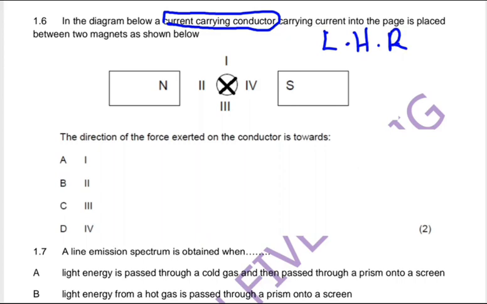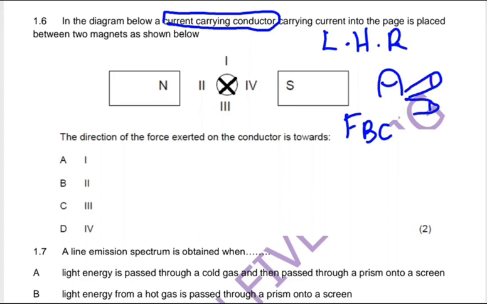And the way I always remember it, I always say FBC, football club. F is force, B represents the magnetic field and C is the current. So in that order, your thumb, and then the forefinger, and then the middle finger.